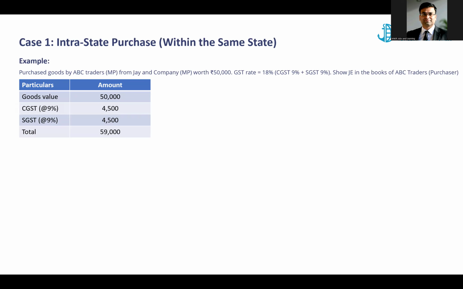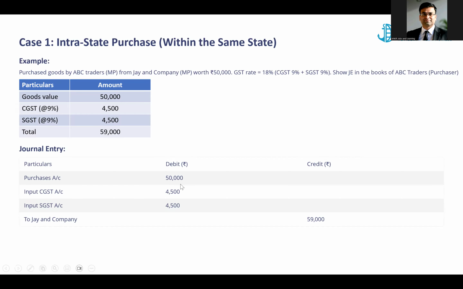So what is coming in? You are purchasing goods, so purchase account will be debited. How much is the value of the goods? 50,000 rupees. So first and foremost, you will debit 50,000 rupees. Now you have CGST and SGST.